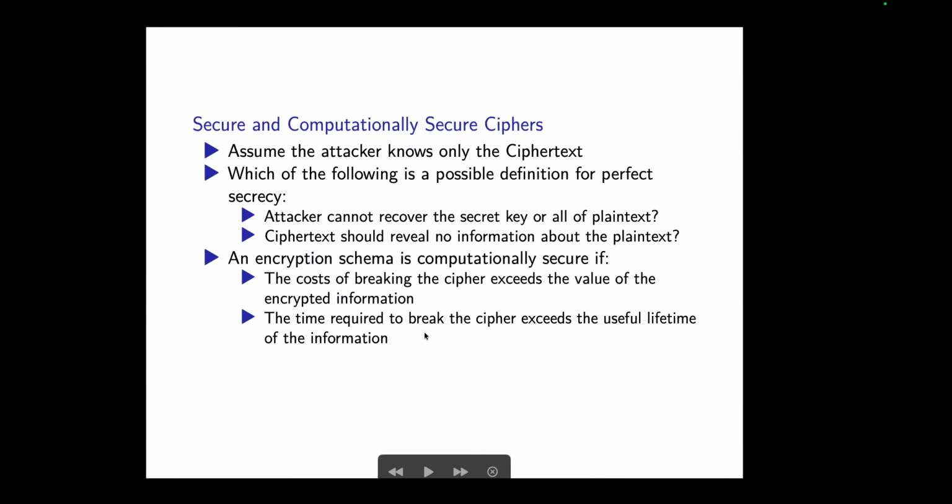What would be the definition of perfect secrecy? That the attacker cannot recover the secret key or the plaintext, and the ciphertext should reveal no information about the plaintext. What can you tell me? What do you think is the ultimate goal? What would define perfect privacy?